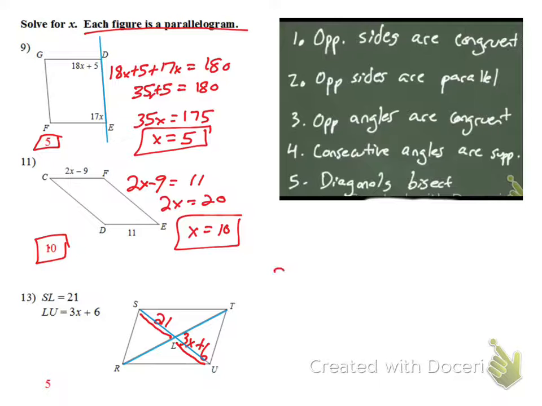So I would just set 21 is equal to 3x plus 6. I'm going to minus 6 on each side. So that gives me 3x is going to be equal to 15, so then x is equal to 5.